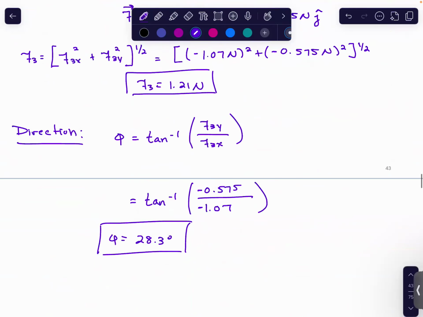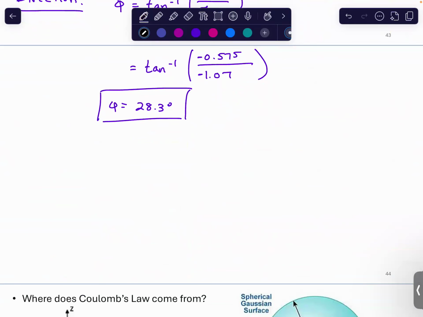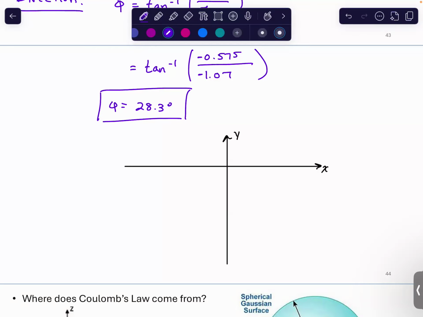So let's go ahead and redraw our X and Y. Now, if I go ahead and put back in what this was, so that was our charge.